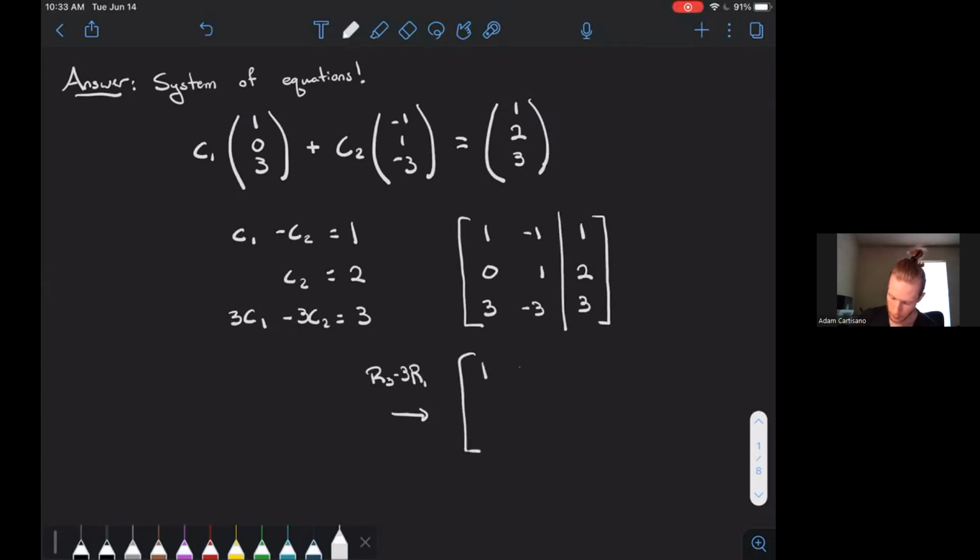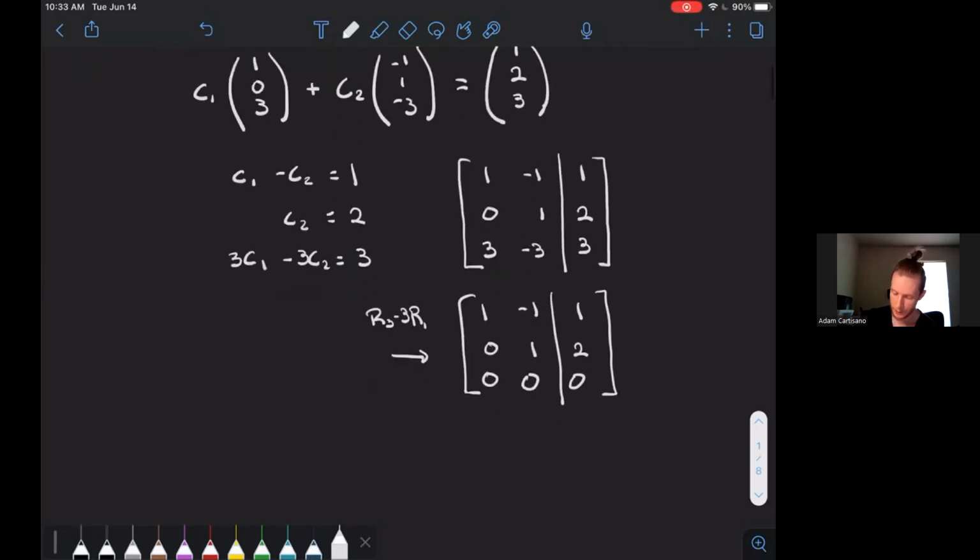That will give 1, -1, 1; 0, 1, 2; 0, 0, 0. Fantastic. Row 3 is literally 3 times row 1, so adding -3 row 1 to row 3 just clears out that bottom row.